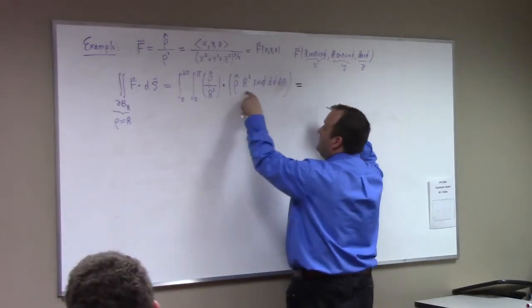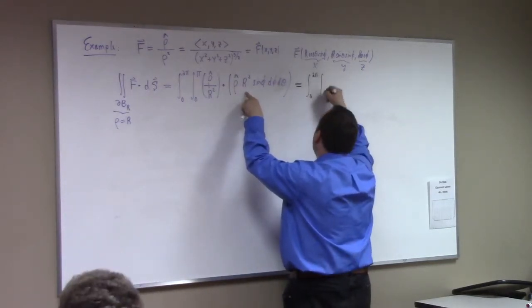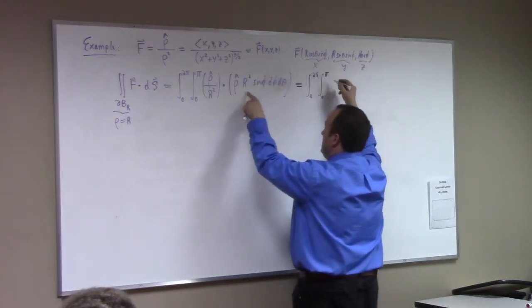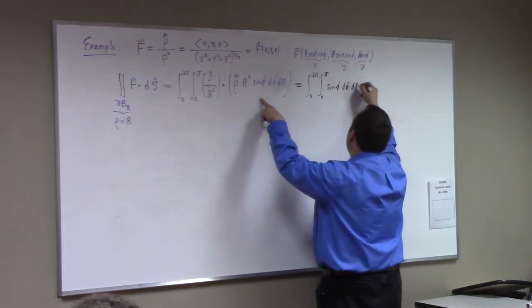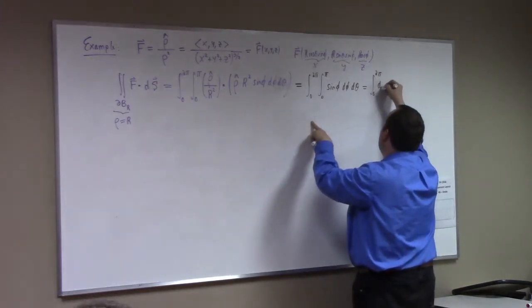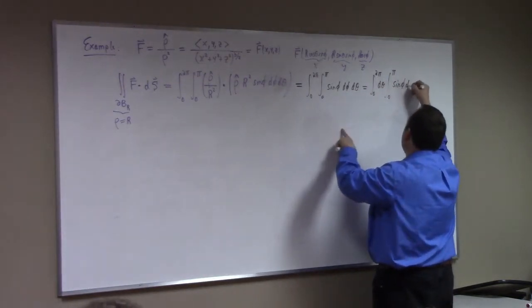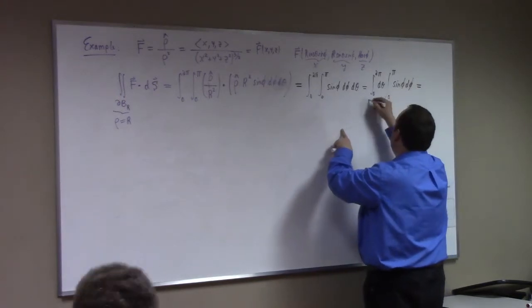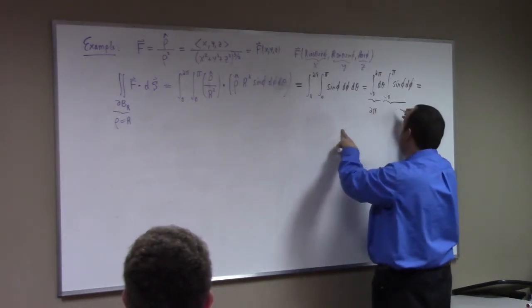The r squareds cancel. We're just left with the integral from 0 to 2 pi, the integral from 0 to pi of sine phi d phi d theta, which, by the way, is the integral from 0 to 2 pi of d theta times the integral from 0 to pi of sine phi d phi. After you see this about the 4th time in this course, you should probably start to notice that the integral of sine from 0 to pi is 2.